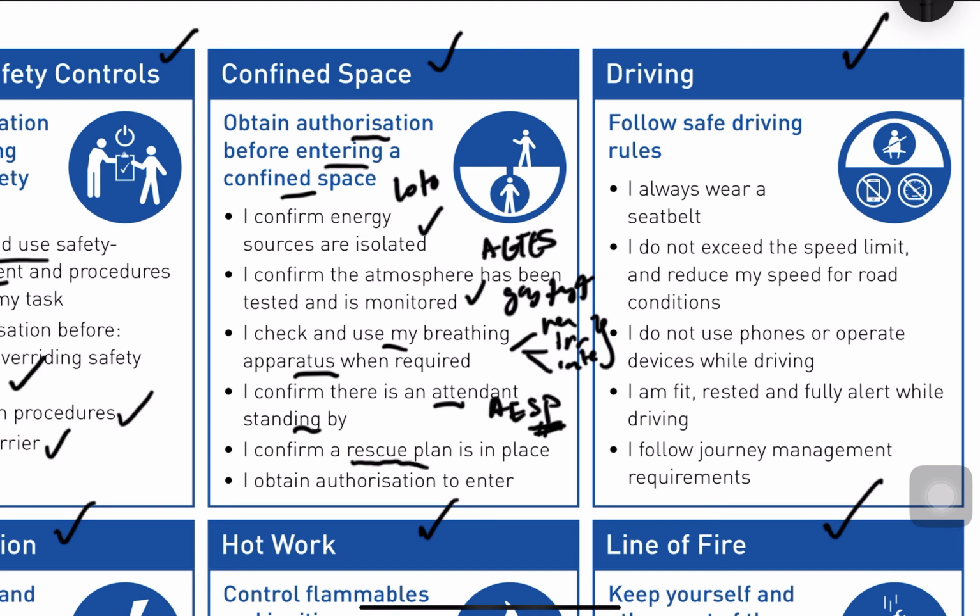Prior to executing a confined space activity, you must have a rescue plan and also a ventilation plan, so that the confined space you work in is safe. I obtain authorization to enter the confined space. This ties in with the PTW or confined space certificate.